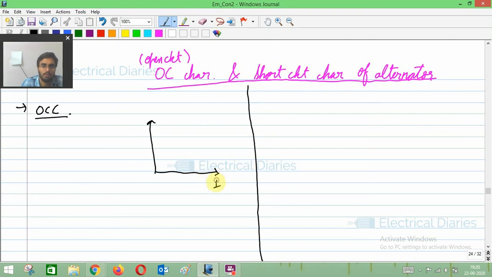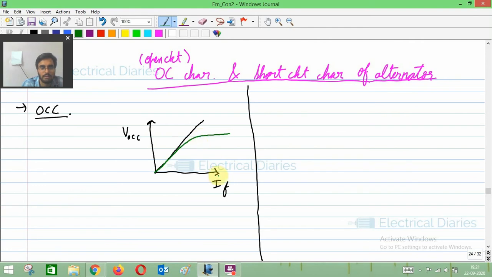We see the plot between IF and VOC. If there is an air core, then this will be a straight line. But we use a core of some iron, so this line gets modified. The core saturates at some point. So this is saturation.